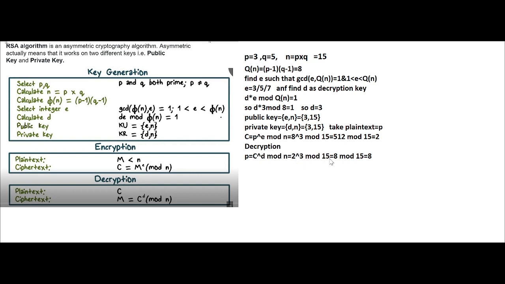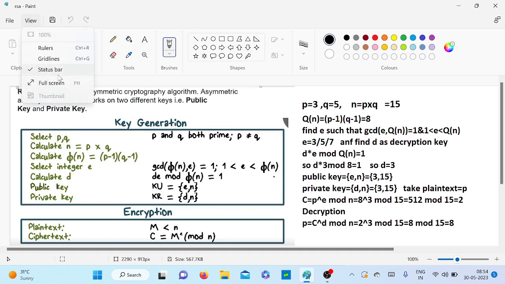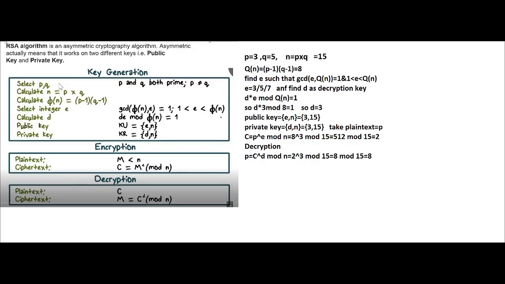So 8 mod 15 means 8. 9 mod 15 means 9. And 15 mod 8, what is the result? 15 mod 8 is 7, because the remainder is 7.